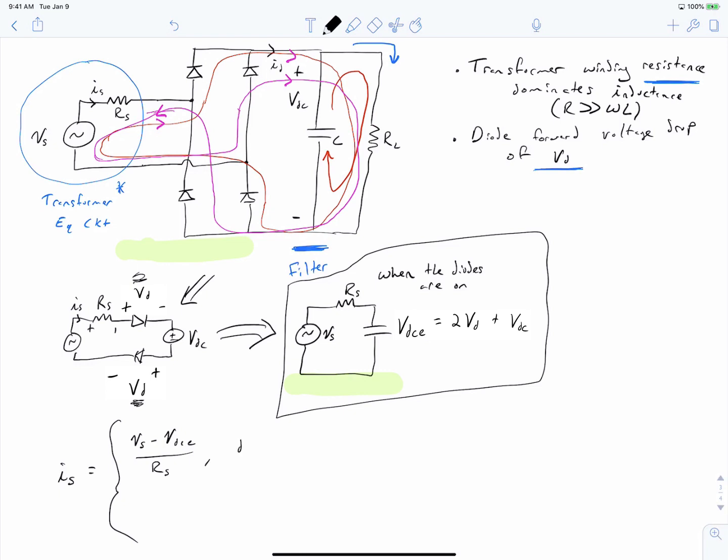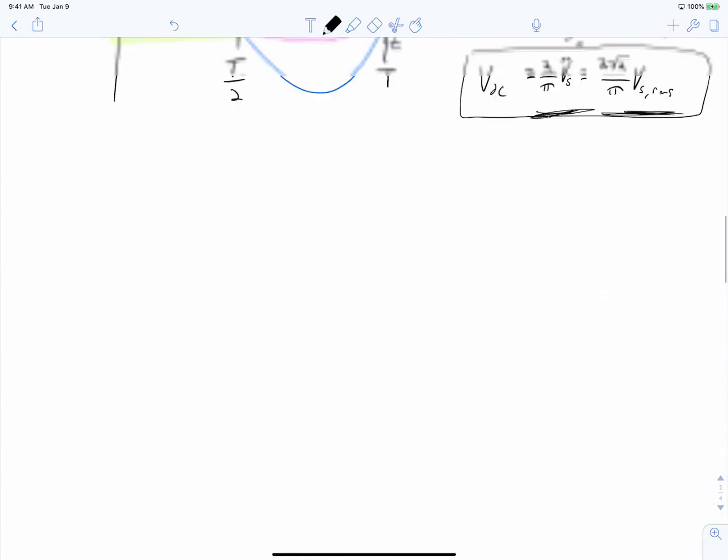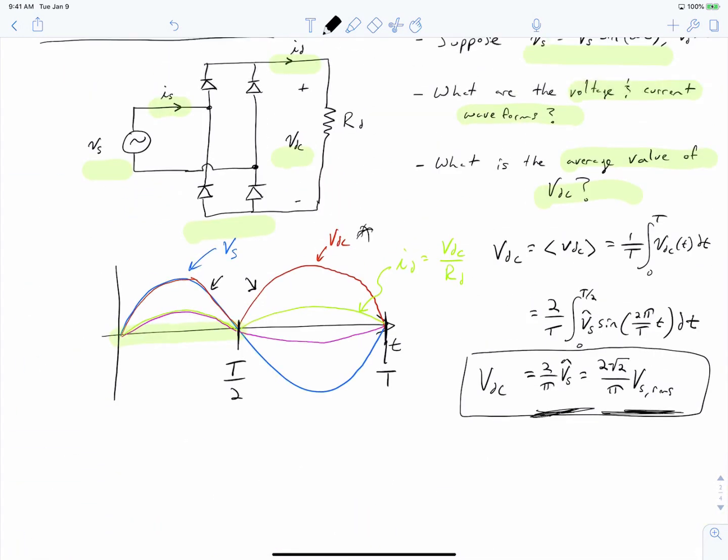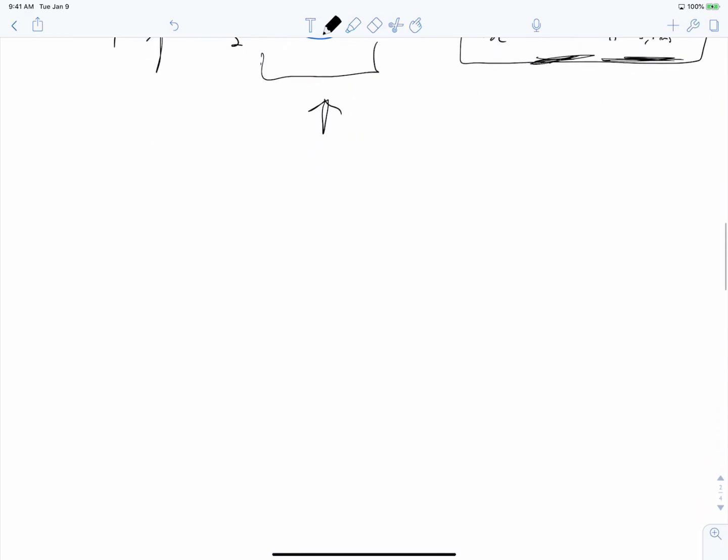And this is during conduction in positive half cycle. Okay, half cycle. What do I mean by half cycle? Well, if you go back to our previous example, this is a half cycle, and this is a half cycle. So positive half cycle refers to this quadrant, where Vs is positive. Negative half cycle refers to this region, where Vs is negative.